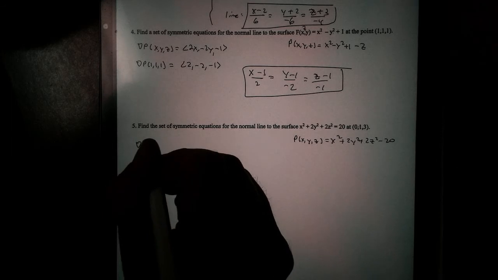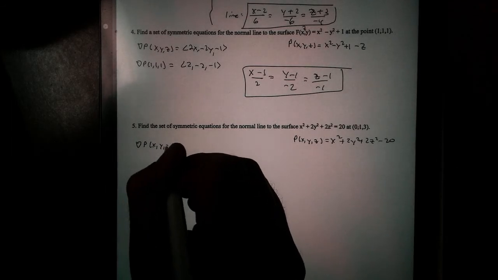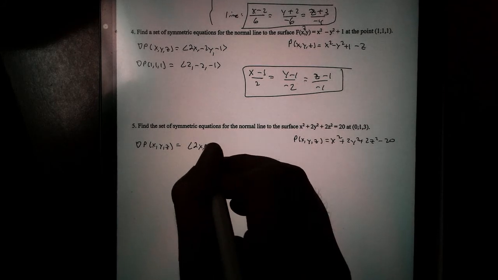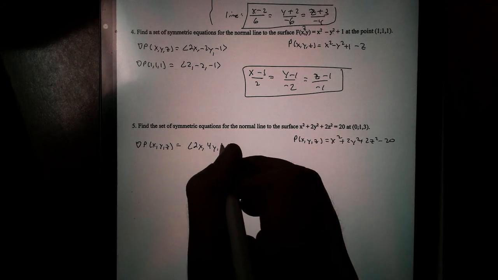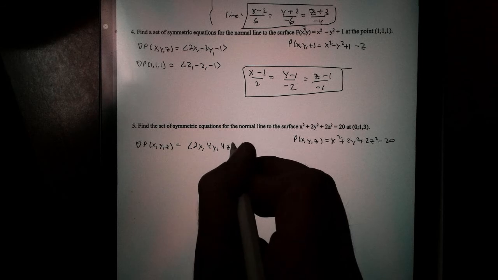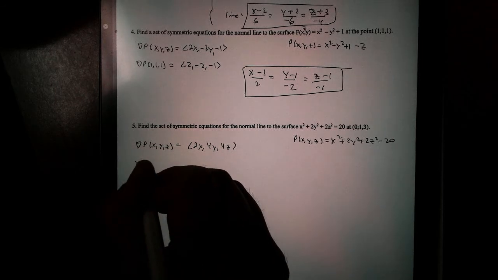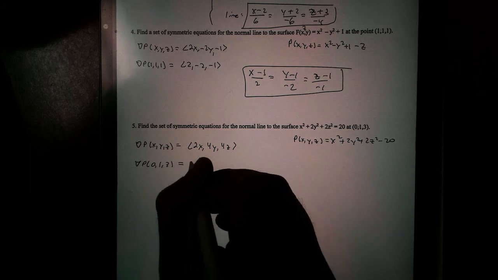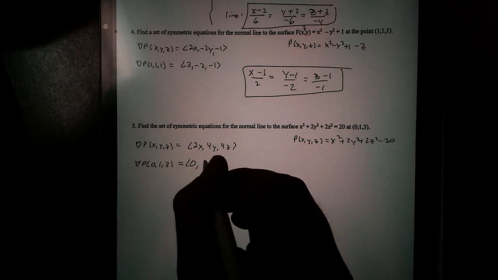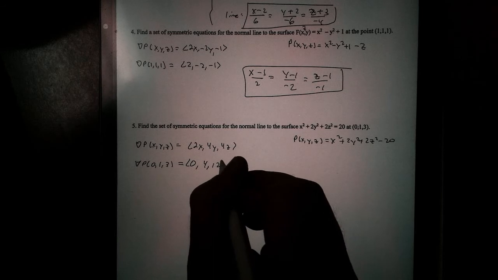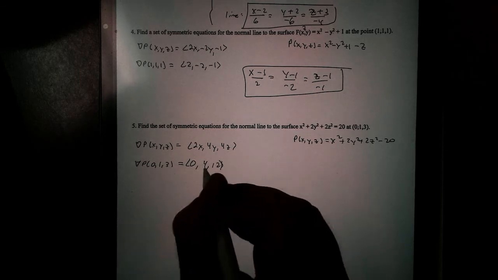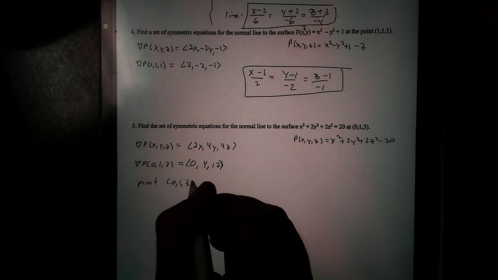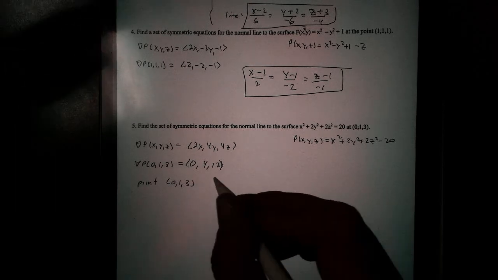So my gradient vector becomes 2x, 4y, 4z. At the point 0, 1, 3, we're going to get 0, 4, and 12. Our point is 0, 1, 3.